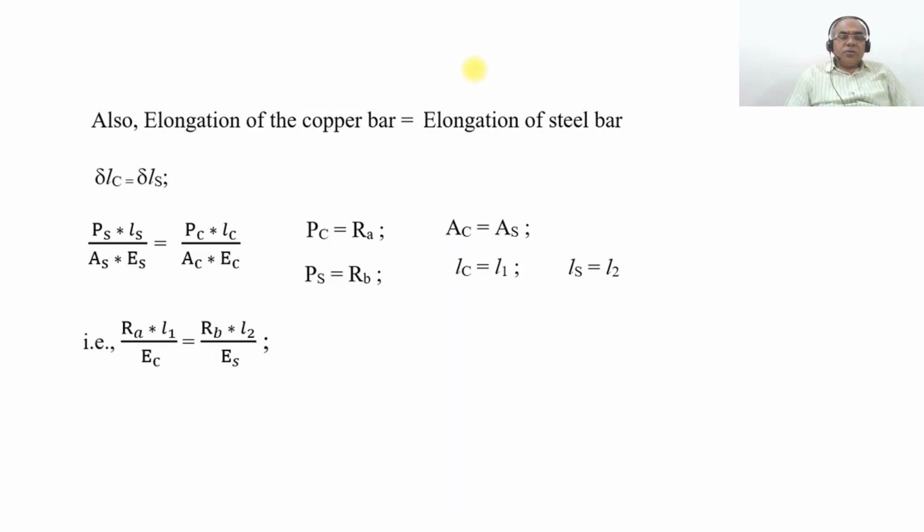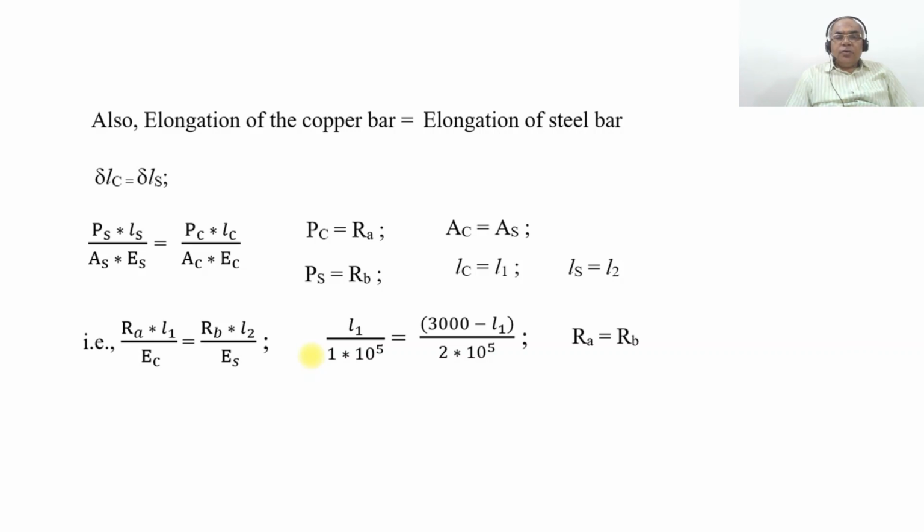Now we will substitute all these values. PC is RA into L1, because LC is L1, by EC, is equal to PS, which is RB into LS, that is L2, by ES. Substituting, L1 by EC, that is Young's modulus of copper, 1 into 10 to the power of 5, and L2, which is 3000 minus L1, by 2 into 10 to the power of 5.